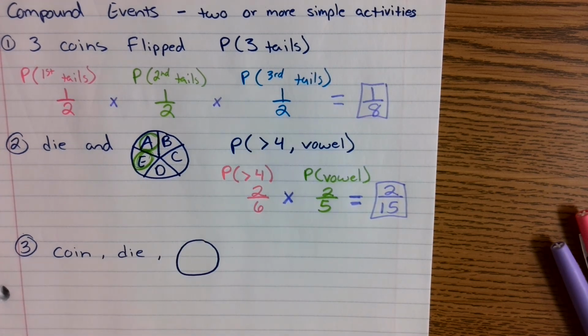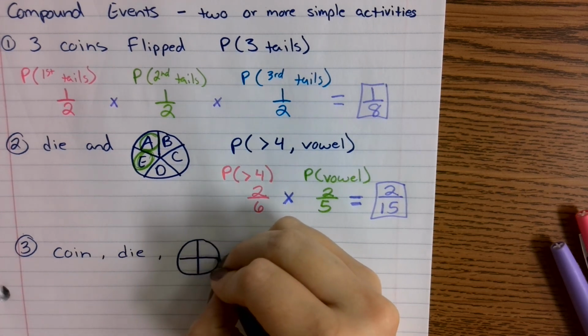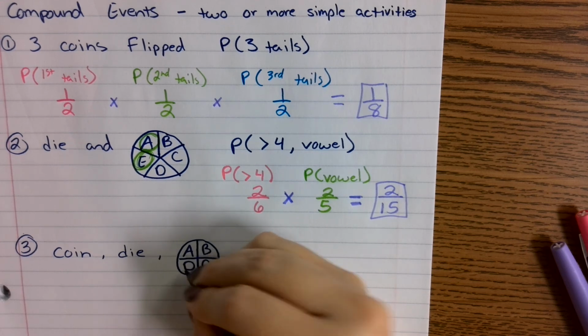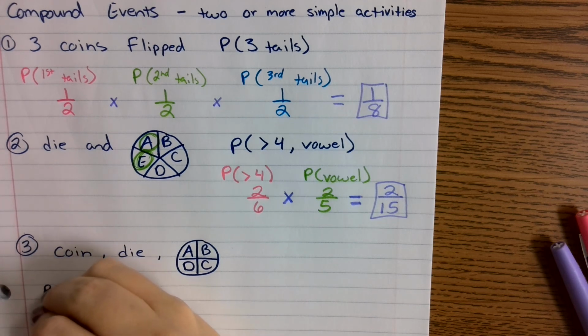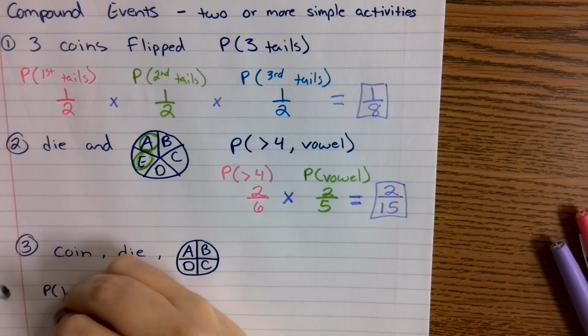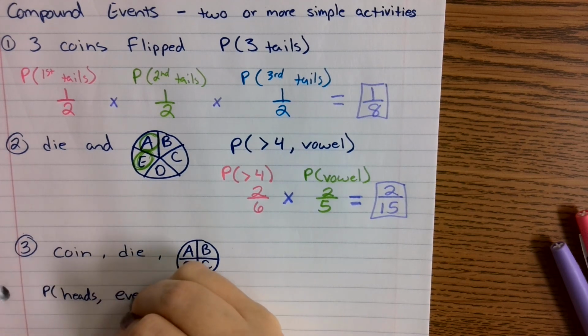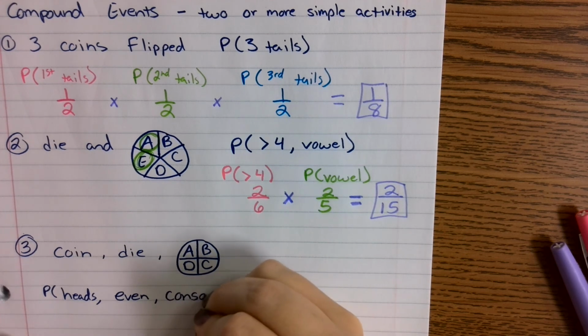All right, so we have the coin, the die, and another spinner: A, B, C, D. Coin, die, spinner. I want the probability that the coin is going to land on heads, the die is going to land on an even number, and the spinner is going to land on a consonant.